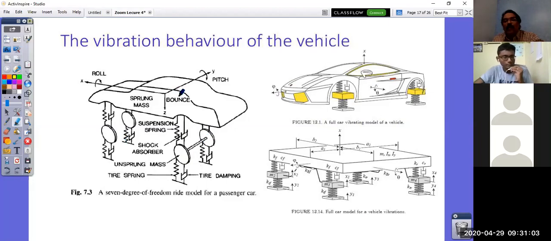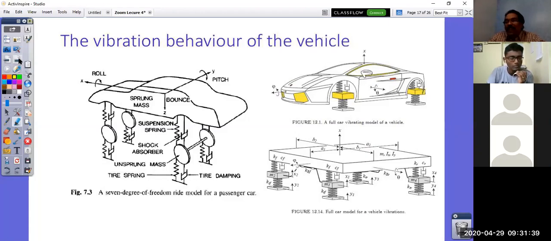And then the sprung mass can have its motion in the vertical direction, translational oscillation, and it can also have angular oscillation about the y-axis called pitch, and about the x-axis called roll. So these 3 for the sprung mass and 4 from the unsprung mass constitute a 7-degree-of-freedom model. Okay, so this ride model is like a default 7 DOF, the minimum degrees of freedom requirement for a full car.